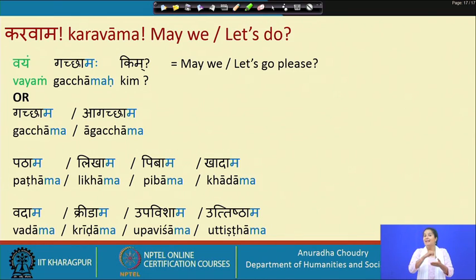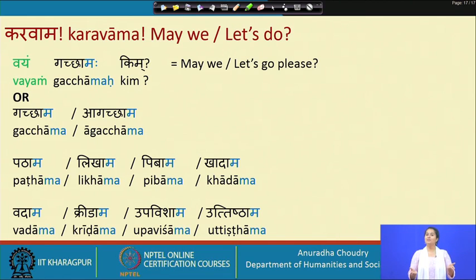Pathamaha, pathama. Likhamaha, likhama. Pibamaha, pibama. Khadamaha, khadama. Vadamaha, vadama. Kridamaha, to play, kridama. Upavishamaha, upavishama.